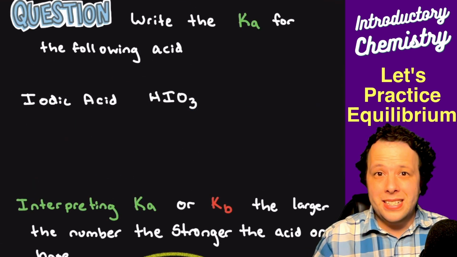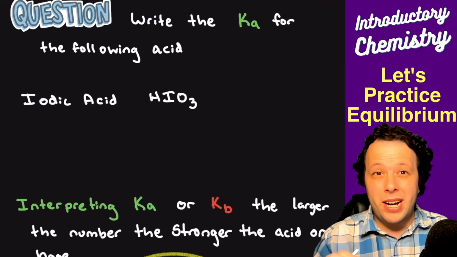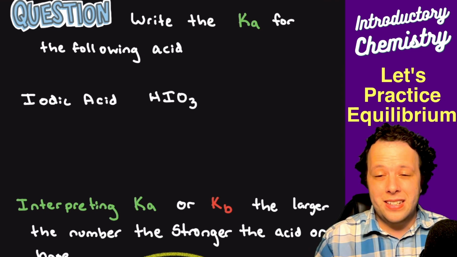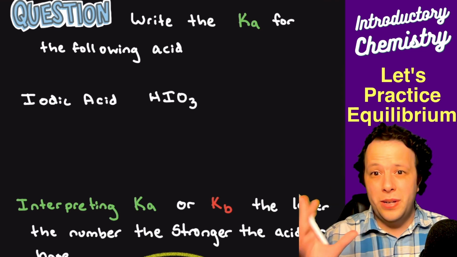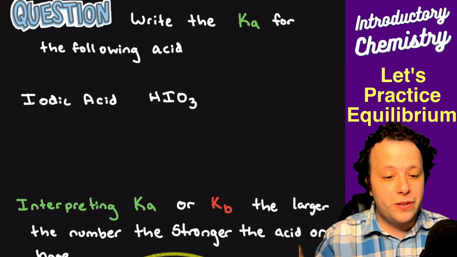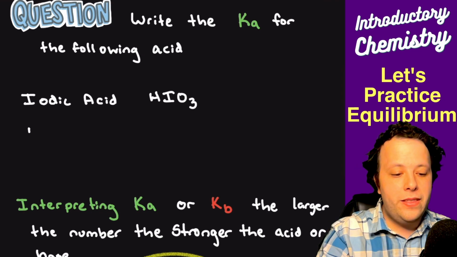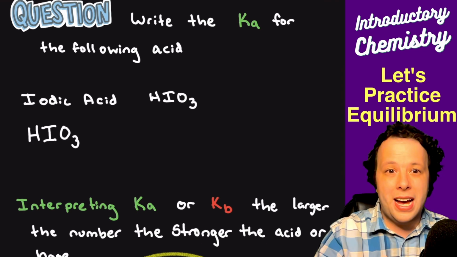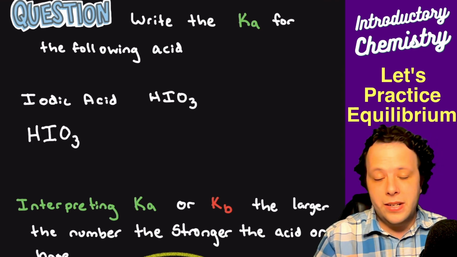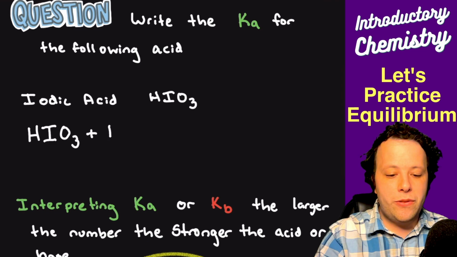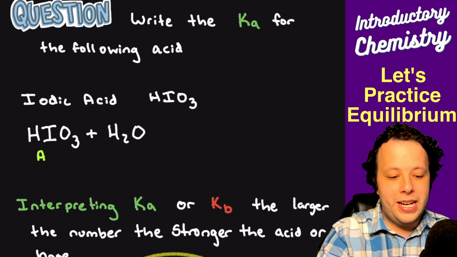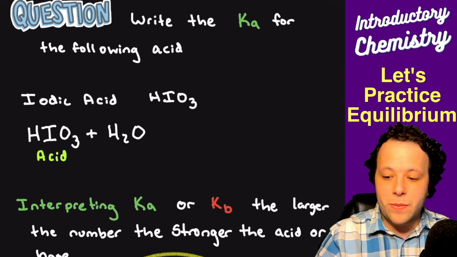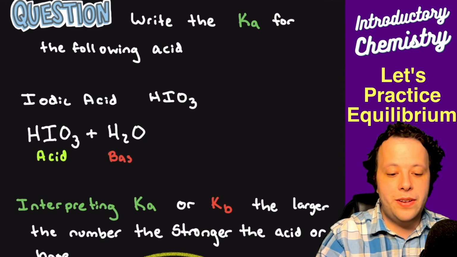So for our last example, what we are going to be doing is writing the Ka for the following acid. So it's very common that you will have to write Ka expressions or even Kb expressions for general chemistry. So one of the things that we will do is when we are writing these, we typically are writing how they would react with water. So if I have HIO3 and it's reacting with water, well, the first thing is you have to label the acid and the base because that determines how they are going to behave, right?